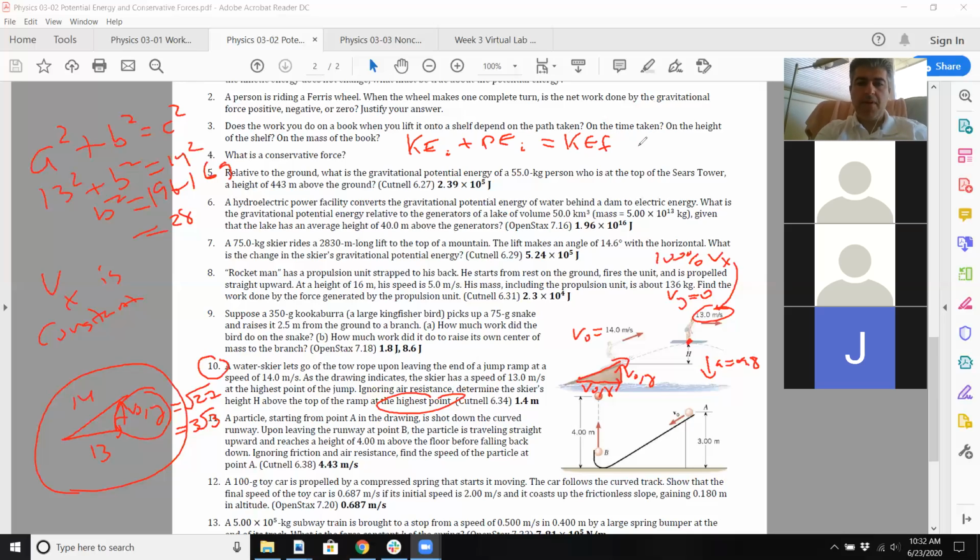Let me draw a little better. Now, remember, kinetic energy is 1/2 mv squared, but because we're focusing on the vertical, we're going to use the v0y.